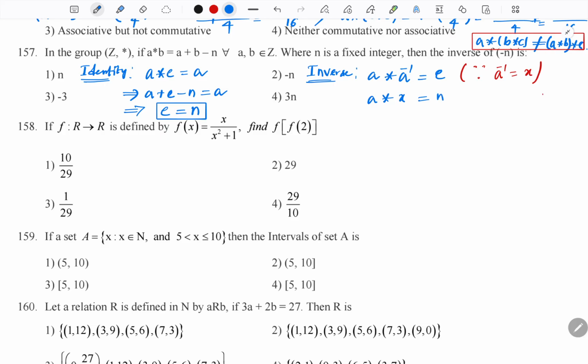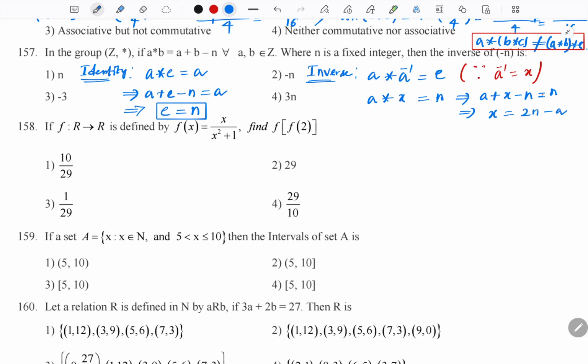N, right? Then applying the definition, A star x equals A plus x minus N equal to N. From this we can say x equal to 2n minus A.